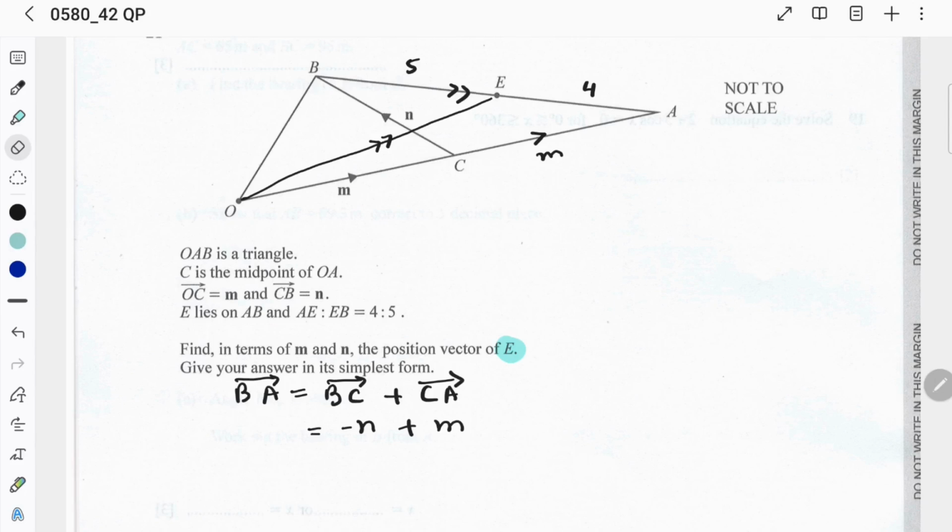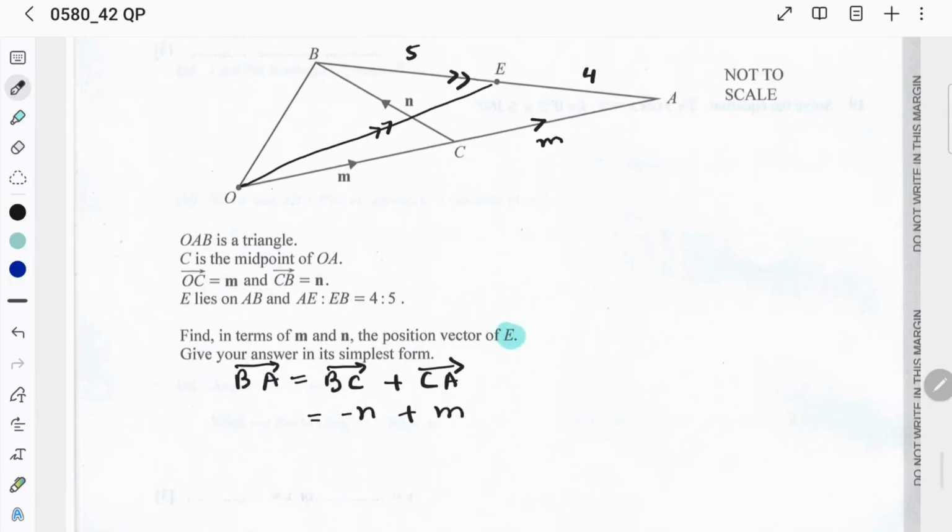Now for that we need to know what is AE. Okay, so to find out AE, this is our BA. B to A is minus N plus M. So EA, for example, if I'm going to find out EA, because I have found BA, EA will be equal to 4 over 9 of BA.